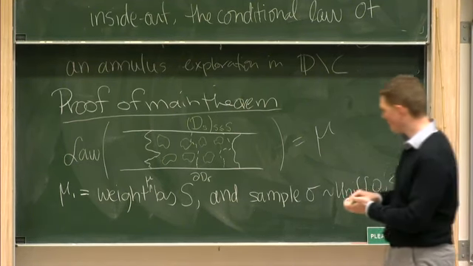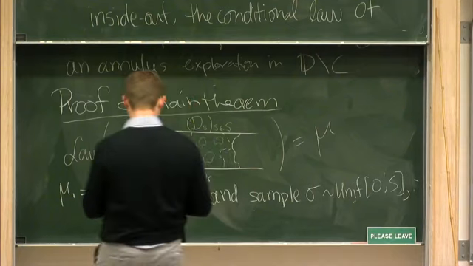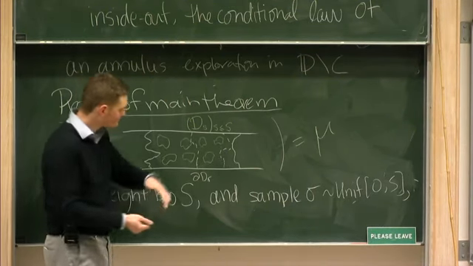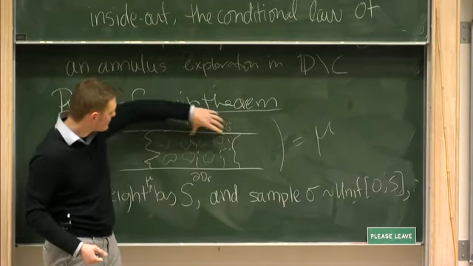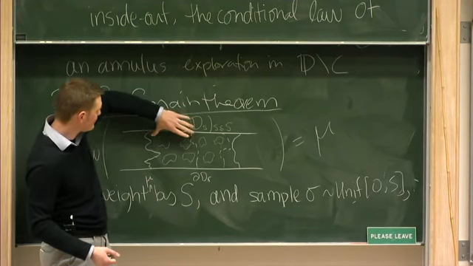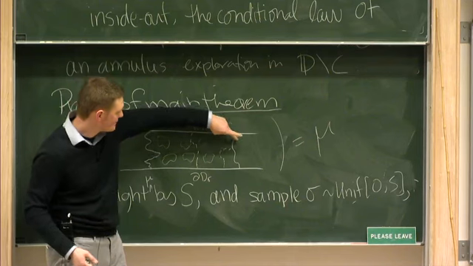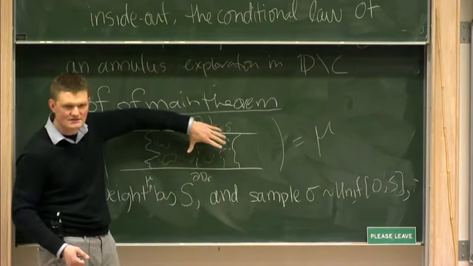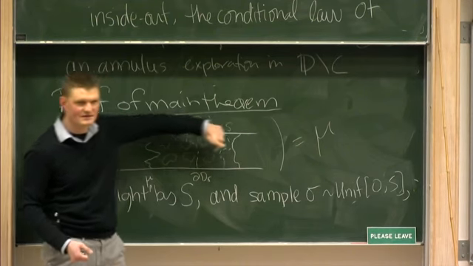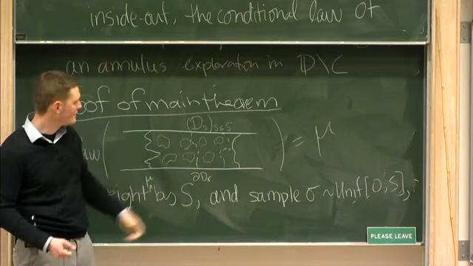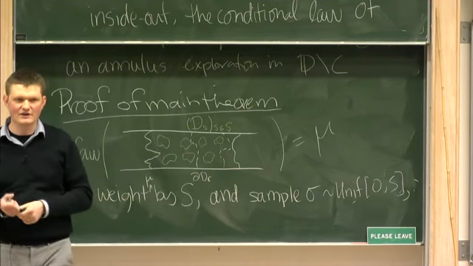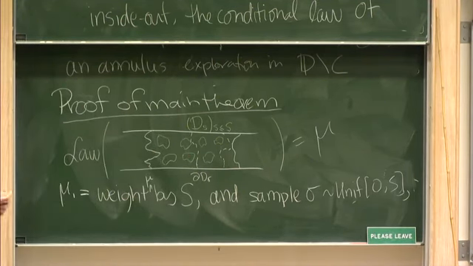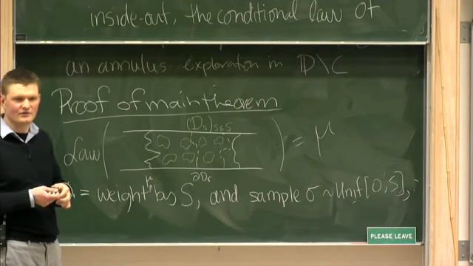And then I'm also going to sample an exploration of the same annulus CLE. So this bit in between these two white loops is an annulus CLE. So I can also sample an annulus CLE exploration from right to left. And I'm going to do so in a manner that's conditionally independent of the forward exploration given the loops.